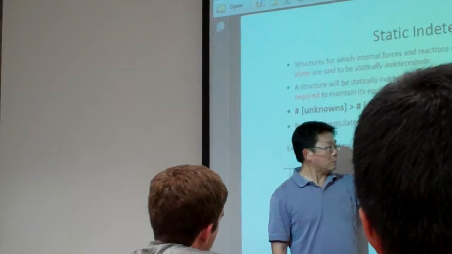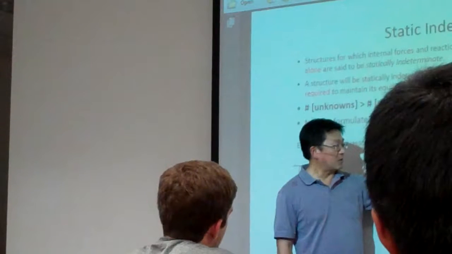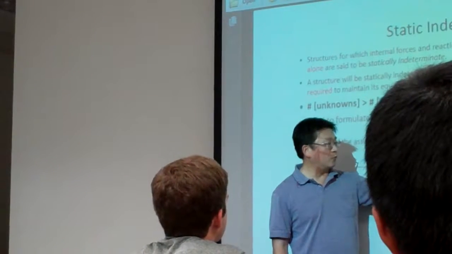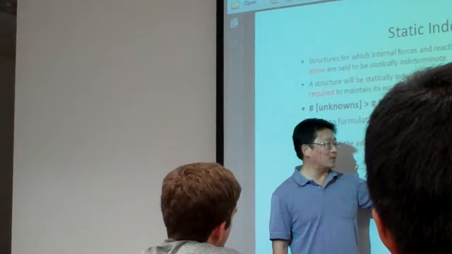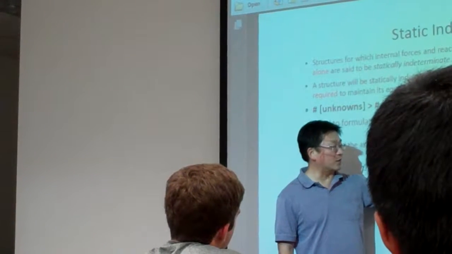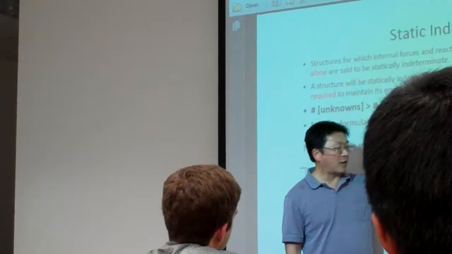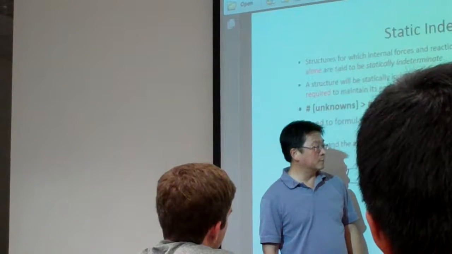So the force will try to compress the whole thing in the same way, and again, this has more unknowns than needed if we try to use static equilibrium, so this problem wouldn't be sufficient to solve. So we need additional information.